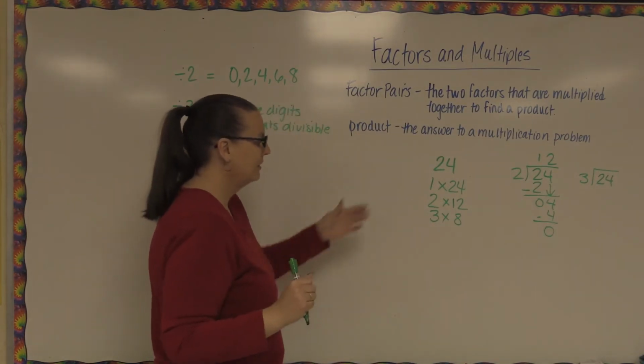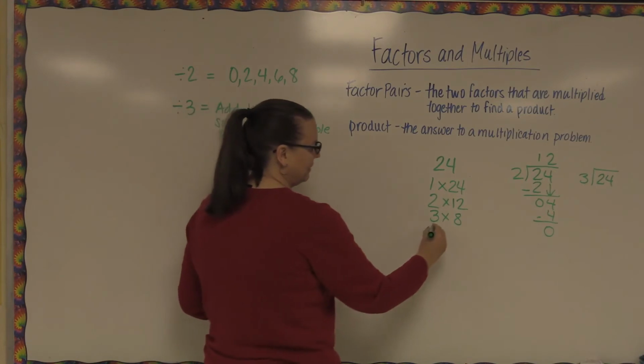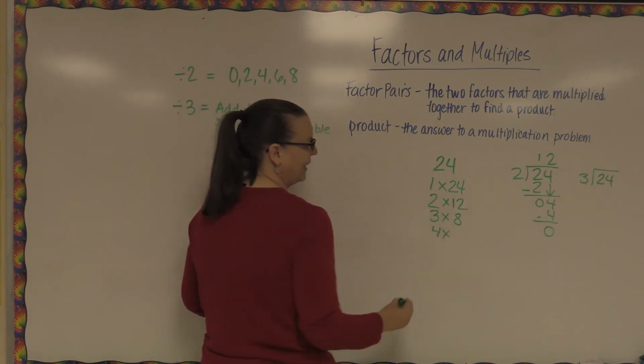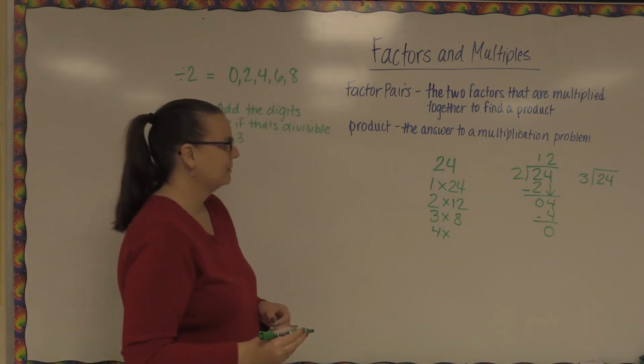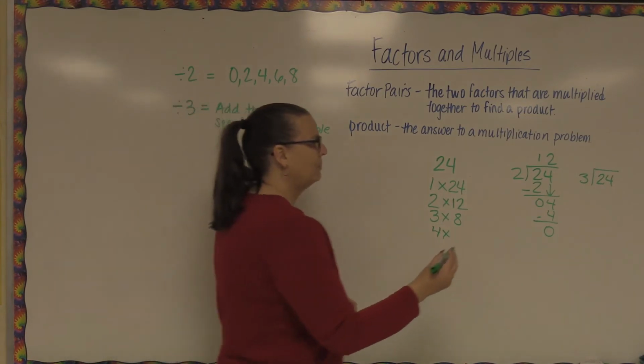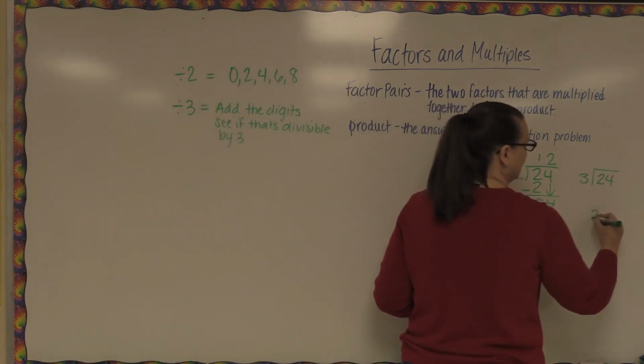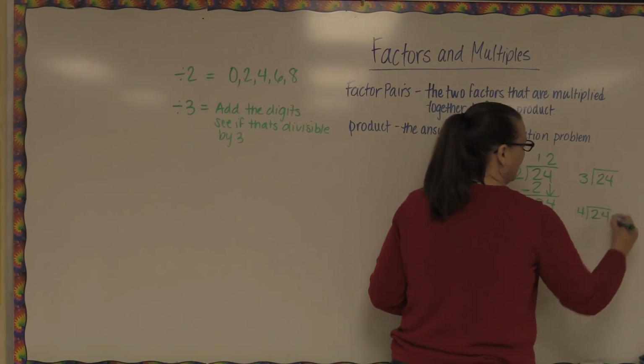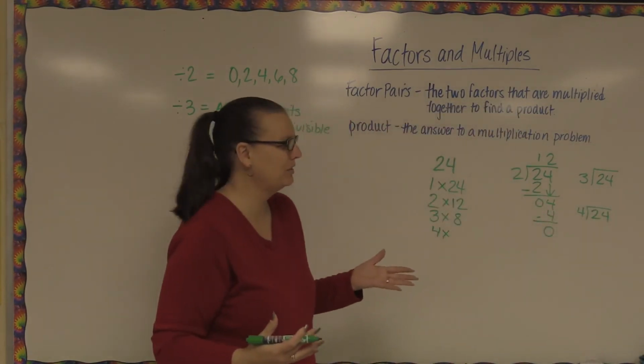Okay? For the next one, let's try 4 and see if we can find out if 4 is a factor of 24. Well, let's see. If we come over here and put the 4 in, we're going to have to be thinking about multiples of 4.